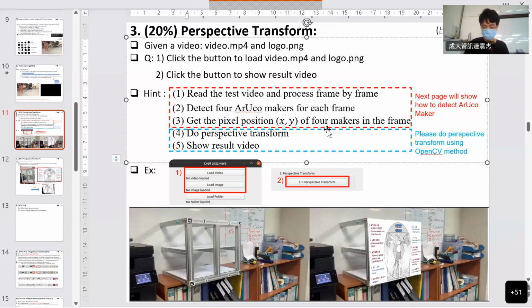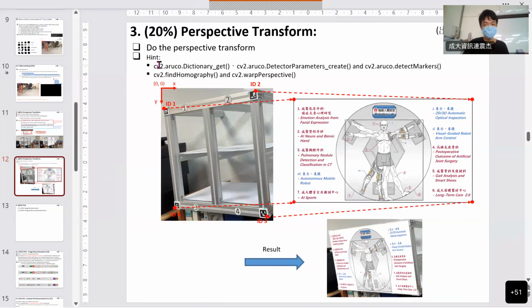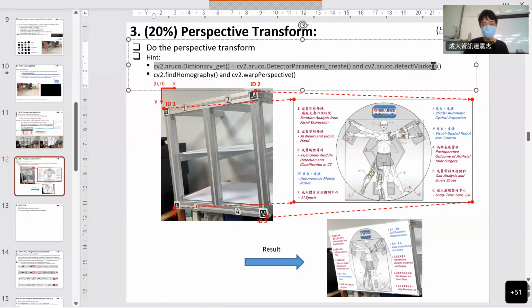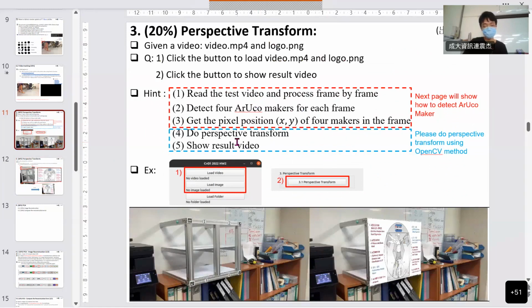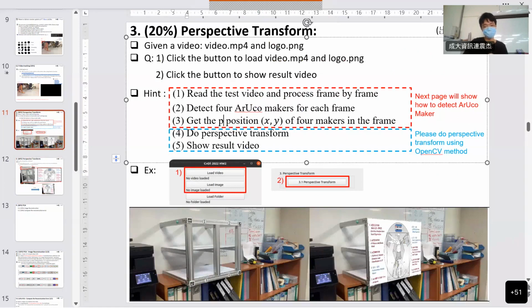Which function do you call for the position? We call these three OpenCV functions to detect the marker positions. Get the position of each marker.